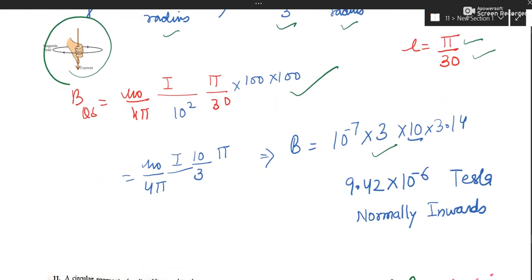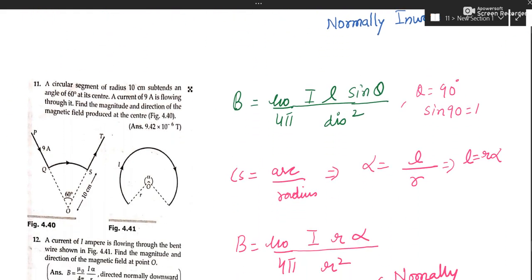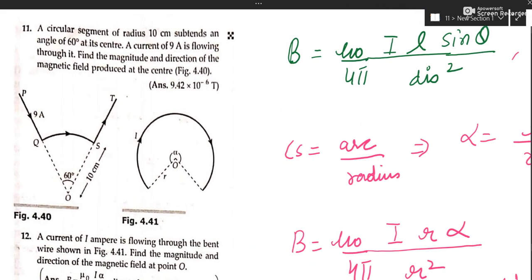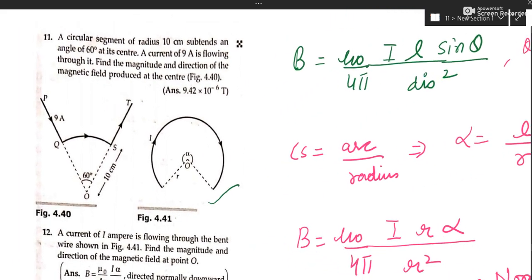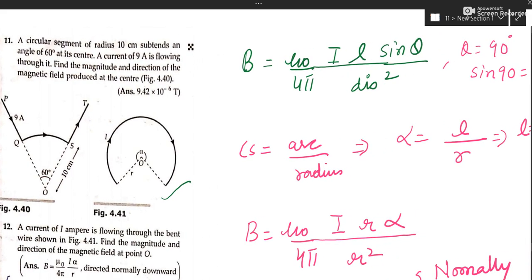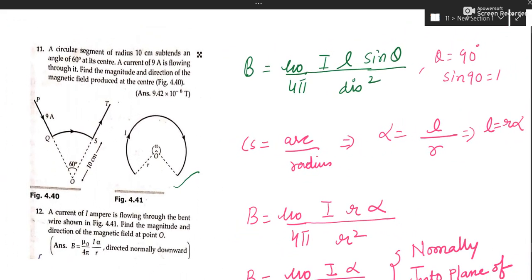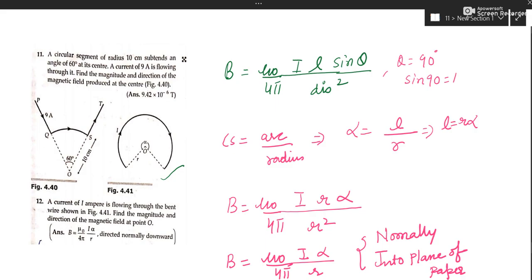Okay, coming to the second question. This question we need to discuss now. We'll have to find out the magnetic field at the center again. So see, again it's mu naught by 4 pi, I is I, L is the length of the arc. Angle is equal to arc upon radius. What is the angle?